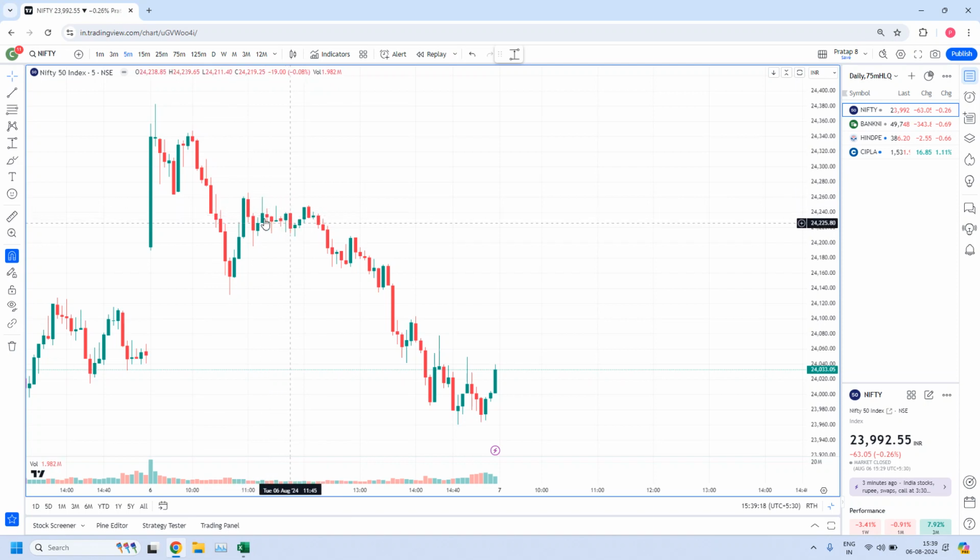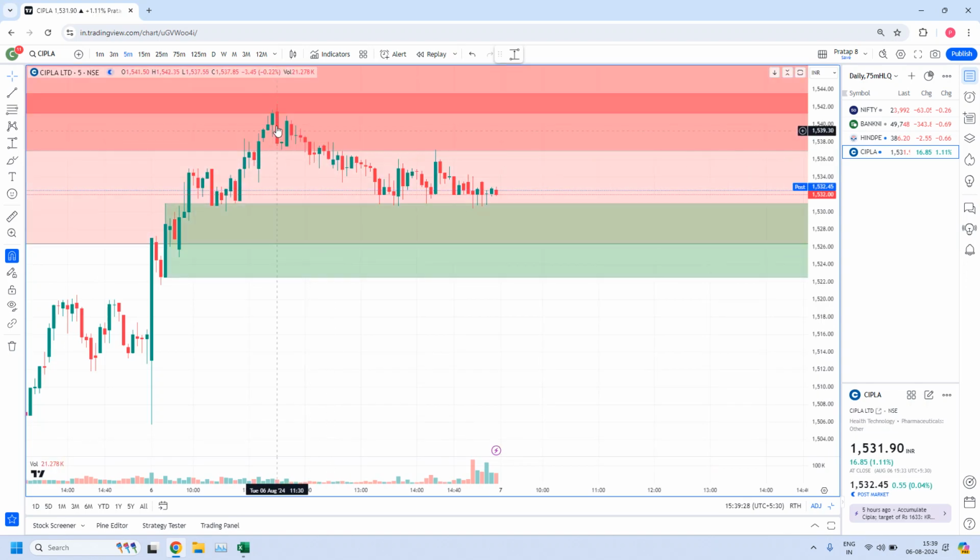Nifty was very flat from 11:25 to at least 12:05. But CIPLA started falling from 11:25. See, at 12:05 what happened? Prices already came here, and after slowly it reached the target.